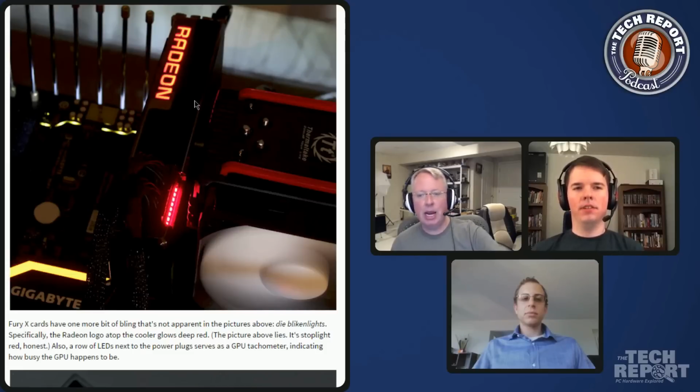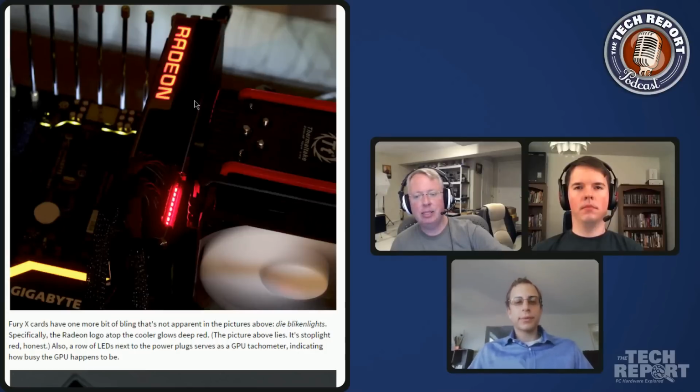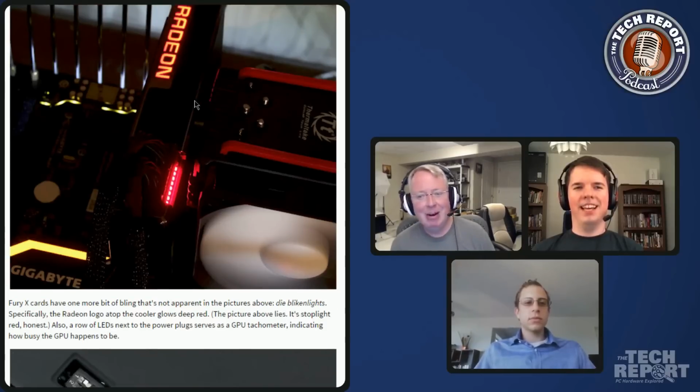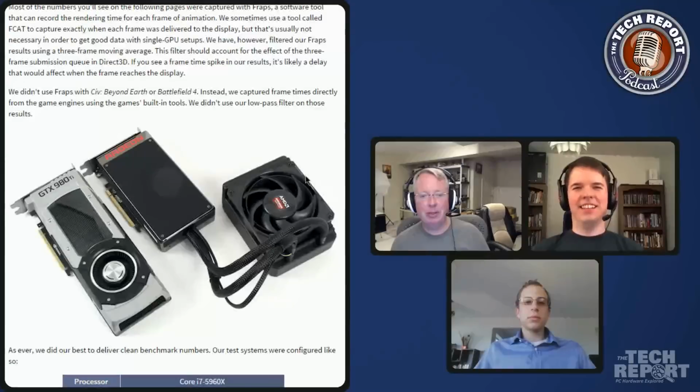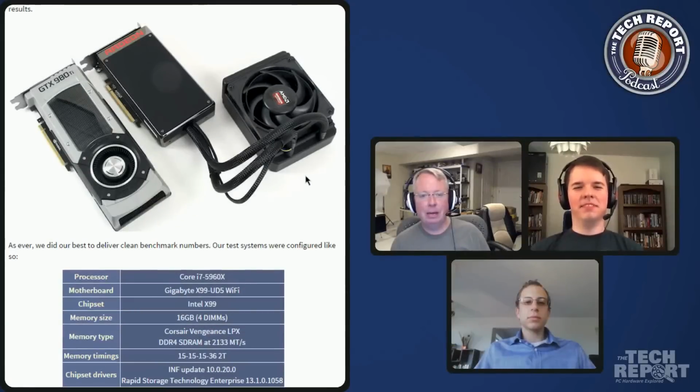When I'm looking at it with my eyes, the LEDs, or the tach, look the same as the red on the Radeon, and when I point a camera at it, it's like, oh crap! Look at that orange. I don't know what's up there. Maybe I would have to play with it. But I'd send you a card, and maybe you can solve that problem for us. That would be awesome.